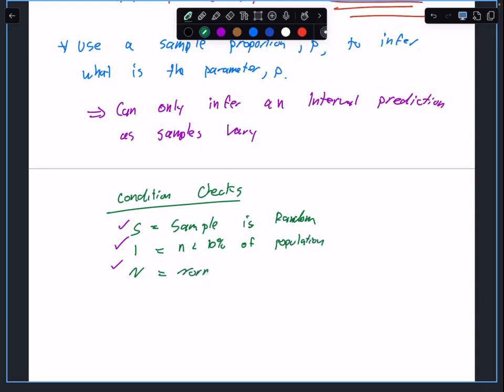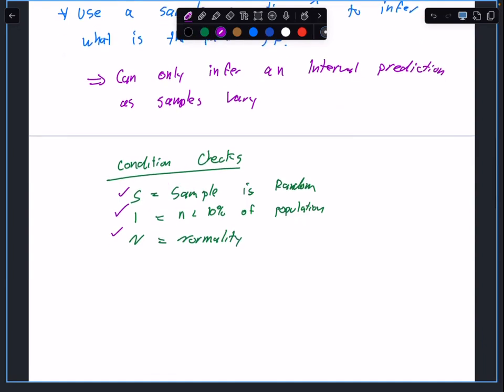And talking about normality, here's where it's different. We don't know P, so we're going to check N times P hat, which needs to be greater than or equal to 10, and N times 1 minus P hat, which must also be greater than or equal to 10. This is the sample successes, and this is the sample failures.